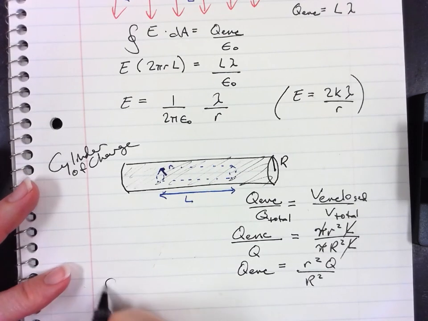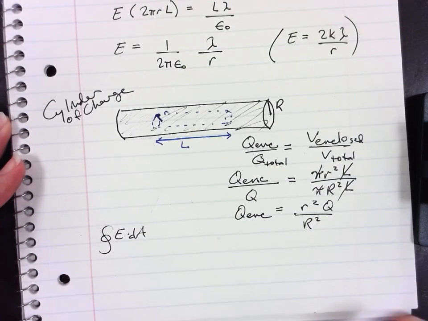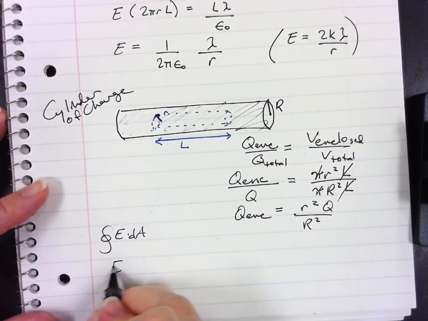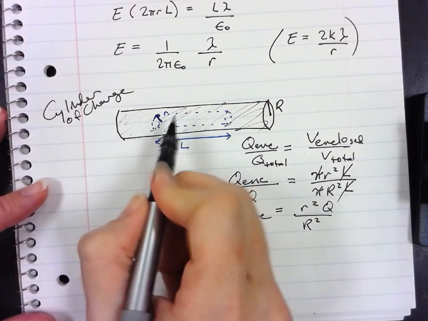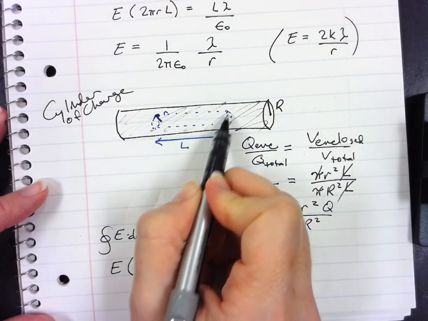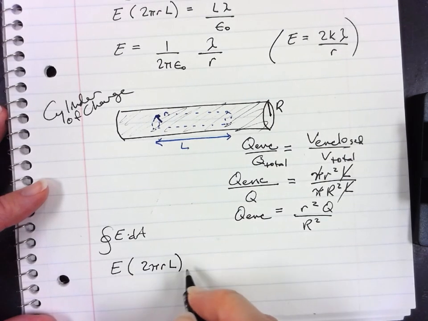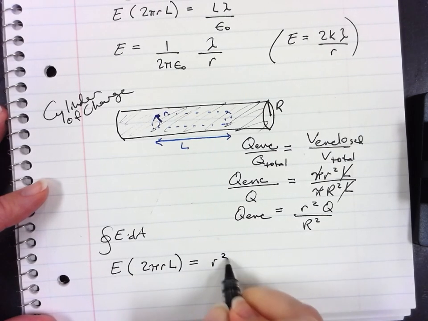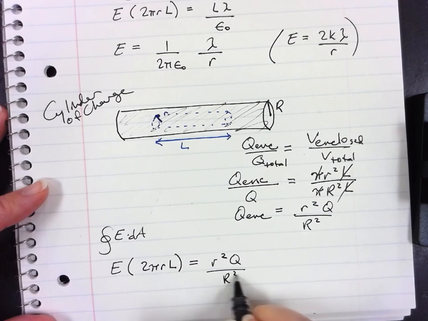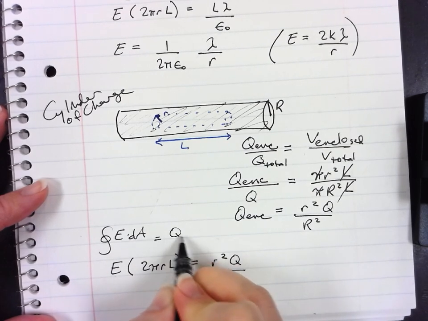So when we do E dot dA, we know this is E times the surface area of the curved surface of the Gaussian surface. So 2 pi r, little r, times L equals r squared Q over big R squared. Don't forget the epsilon naught. I forgot to write it over here.